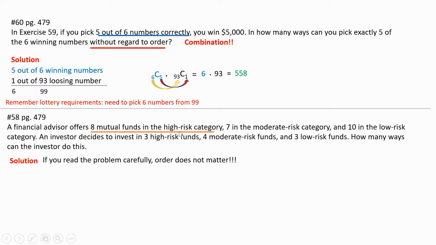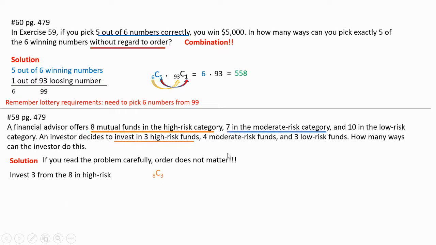So we have 8 mutual funds in high risk, and we're going to invest in 3. So it's going to be 8 combination 3.